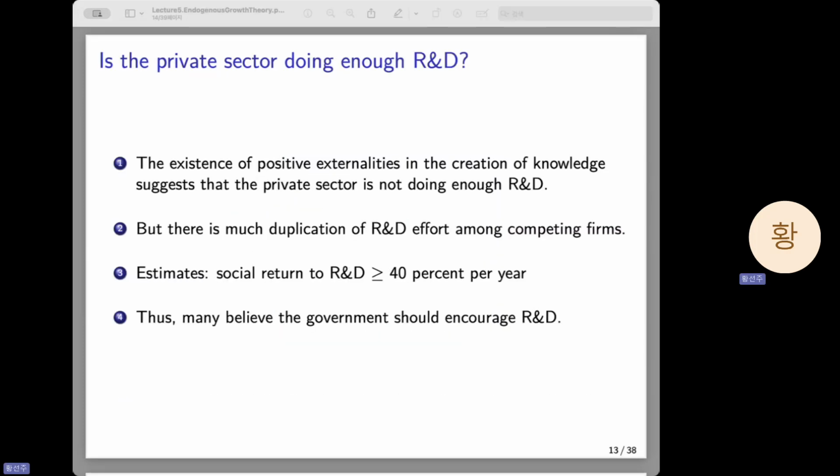Let me summarize what we've covered so far. The AK model shows how constant returns to capital can sustain growth, and the two-sector model introduced the idea that knowledge creation drives growth.